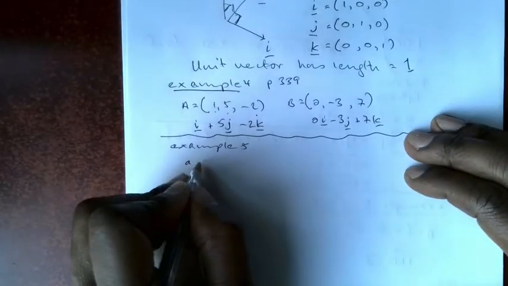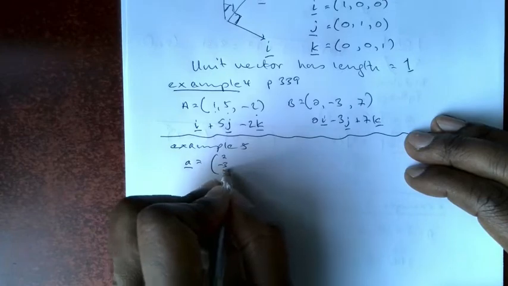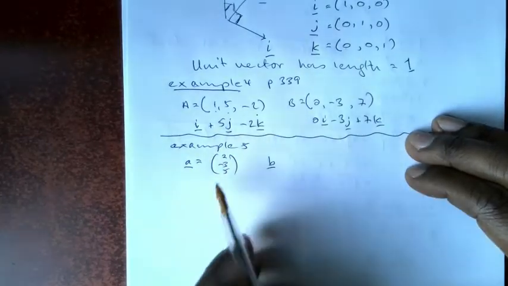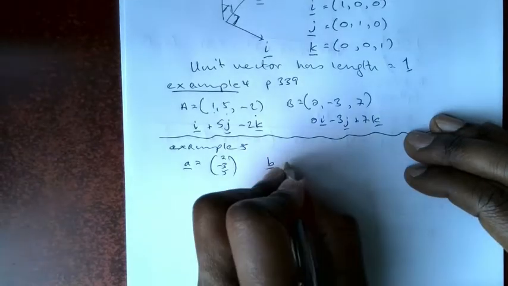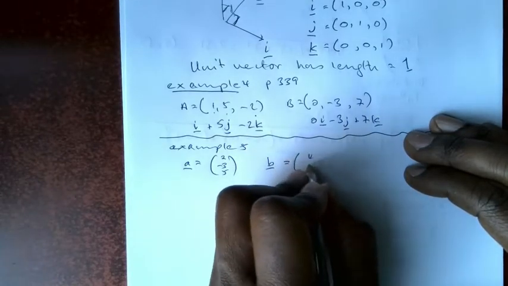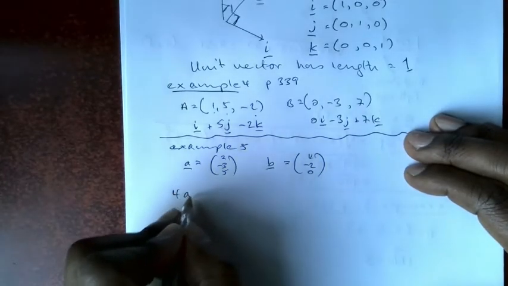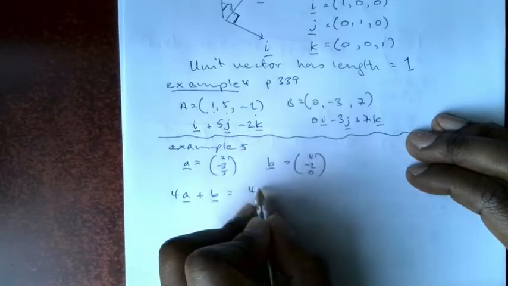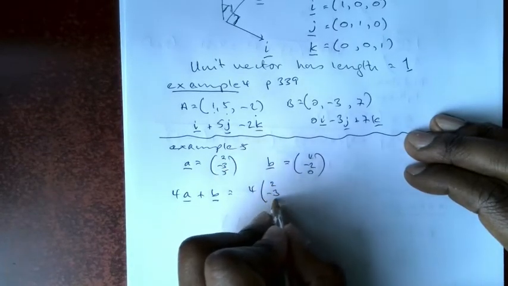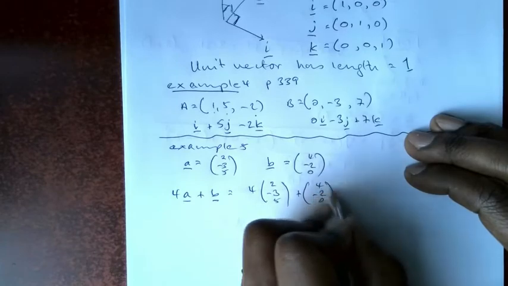So if a is 2, minus 3, 5, written as a column, so you can write these vectors as a column like this or side by side, and b is 4, negative 2, 0, then if I want 4 lots of a plus b, basically I want 4 lots of that plus 1 of those, and it's very easy.